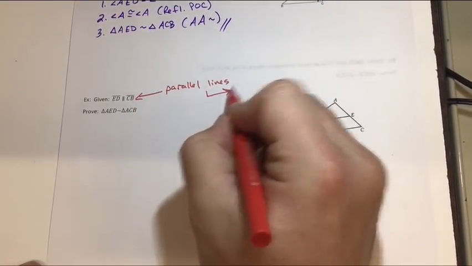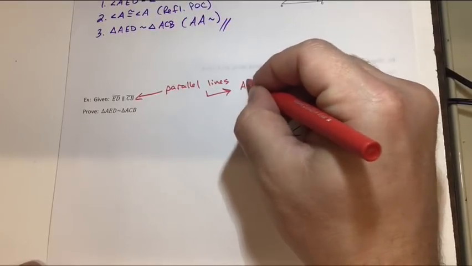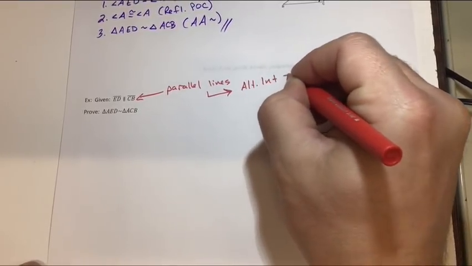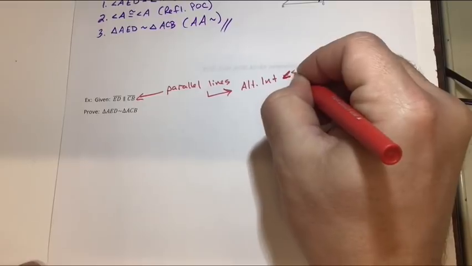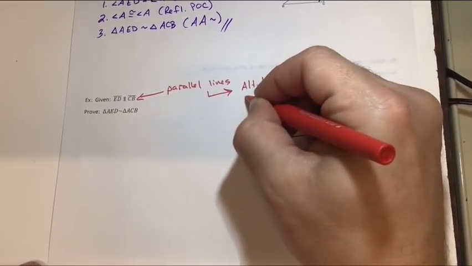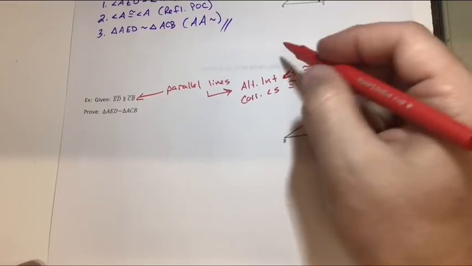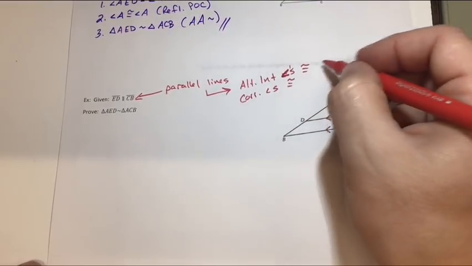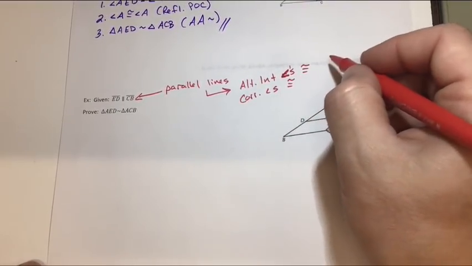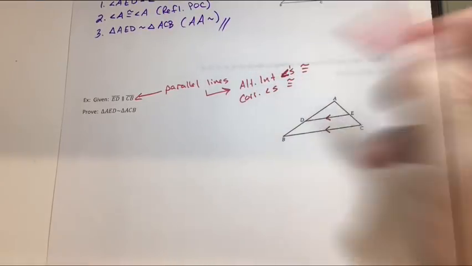Parallel lines give us either alternate interior angles congruent, or corresponding angles are congruent. Now, either way, we also have alternate exterior angles. You're not really going to use that one as much. It's going to be one of these two.